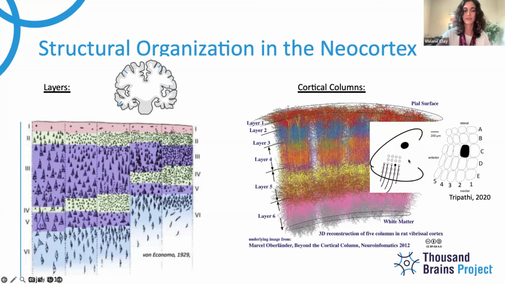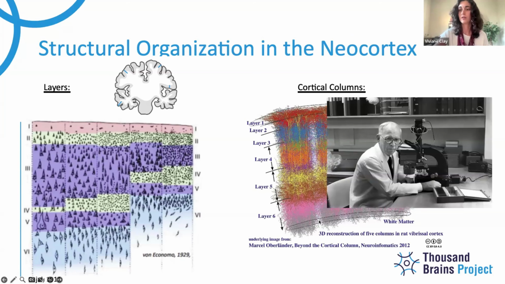If you look at different sensory organs like the skin or your retina, the patches can be a bit more overlapping and less clearly defined. The first one to identify the structure and also propose that the columns, or the microcolumns in this case, could be the basic unit of computation in the neocortex is Vernon Mountcastle, and that's the columnar hypothesis that Thousand Brains Theory is strongly based on.